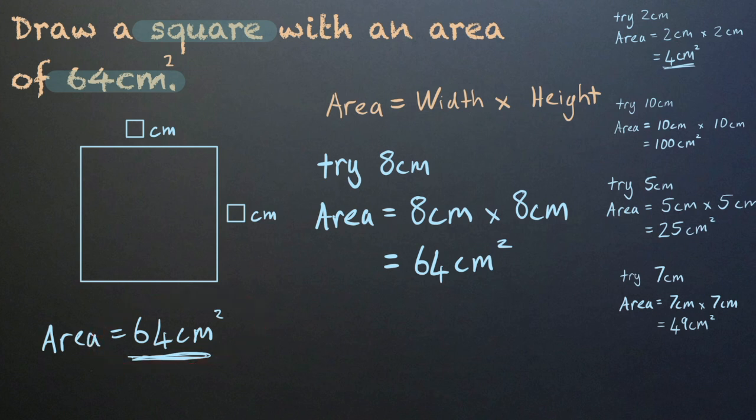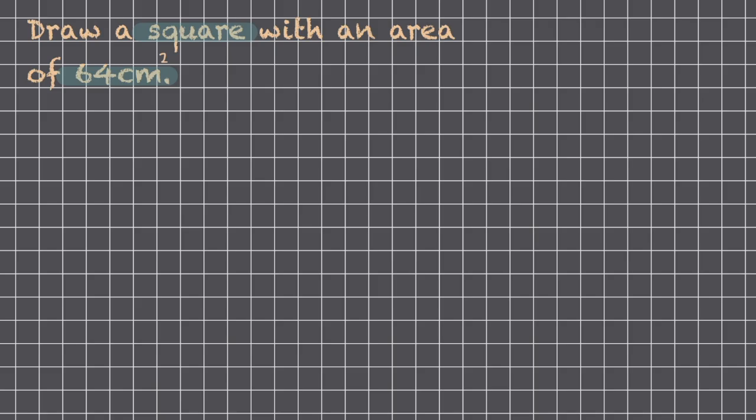So now we know if we have a square that has 8 centimeters for its width and 8 centimeters for its height, that's going to give us a square that has 64 centimeters squared. Now we're ready to answer our question. Width is going to be equal to 8 centimeters and height will be equal to 8 centimeters.